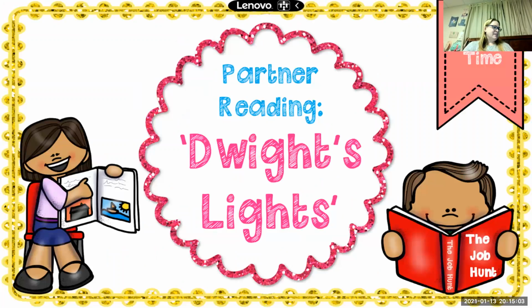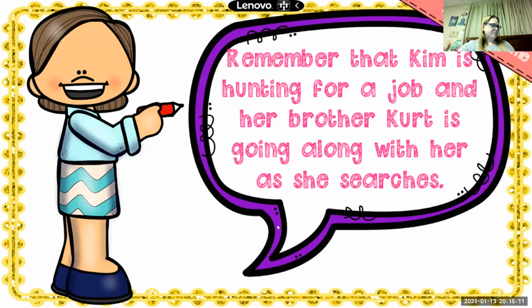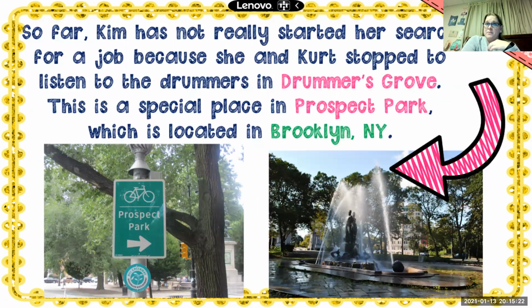It's time to start our story today, which is called Dwight's Lights. So remember that Kim is hunting for a job, and her brother Kurt is going along with her as she searches. So far, Kim has not really started her search for a job because she and Kurt stopped to listen to the drummers in Drummers Grove.